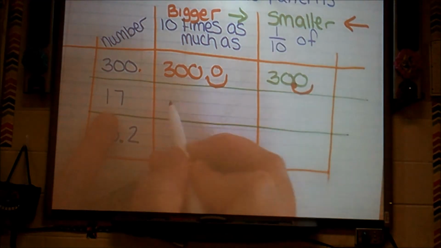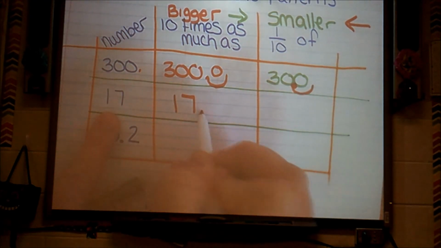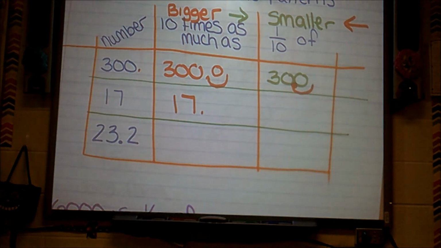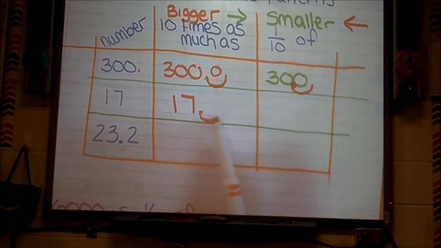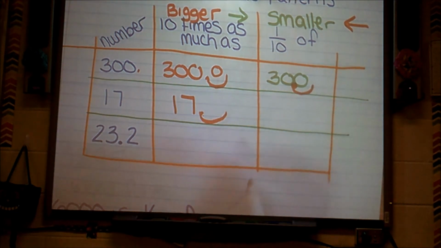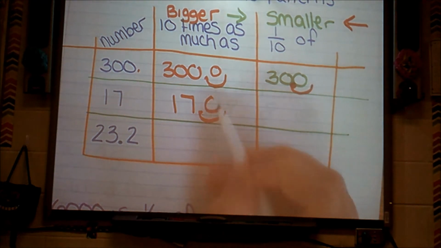I'll write my number again with my invisible decimal that lives behind all whole numbers. My answer should be bigger, so I'm going to move it one place value to the right, and I fill it with a 0.